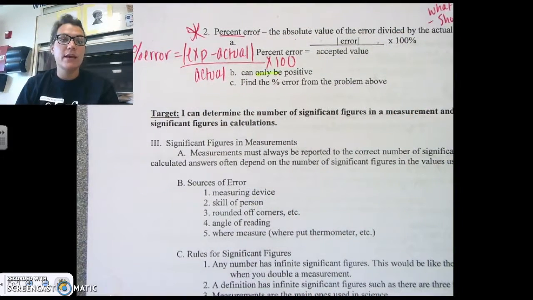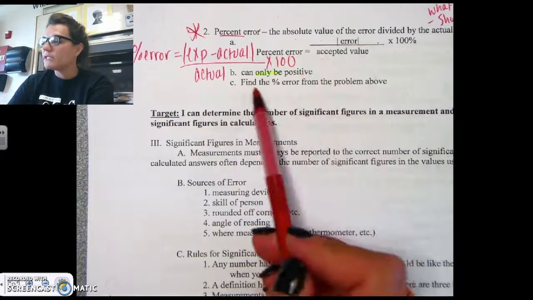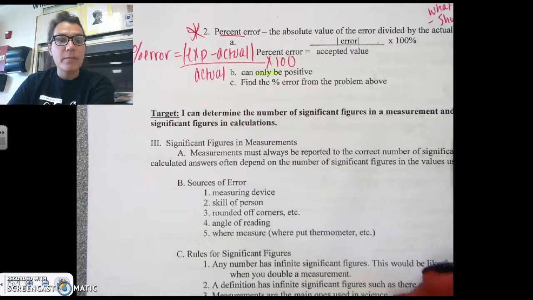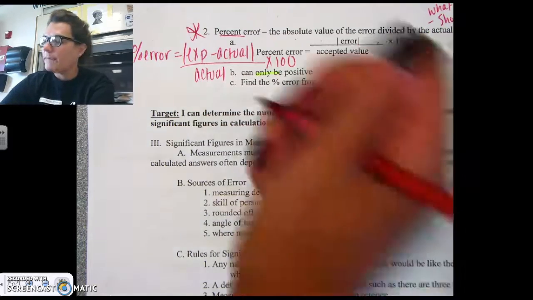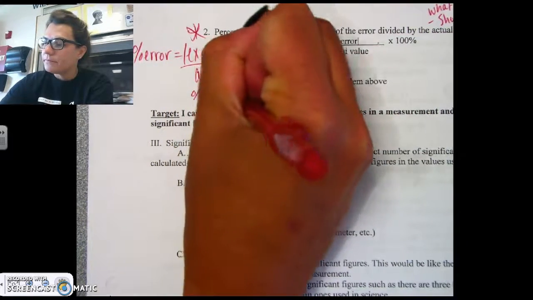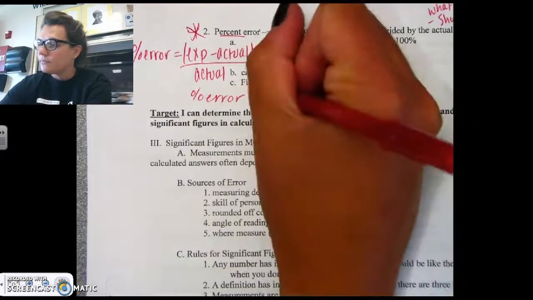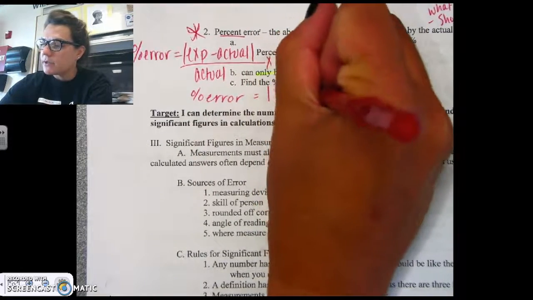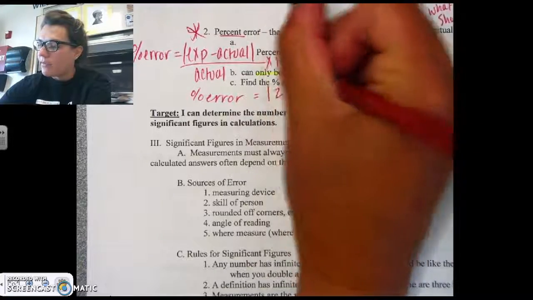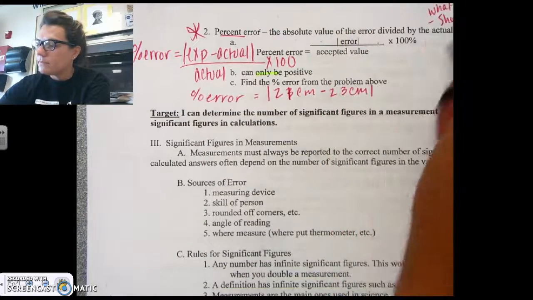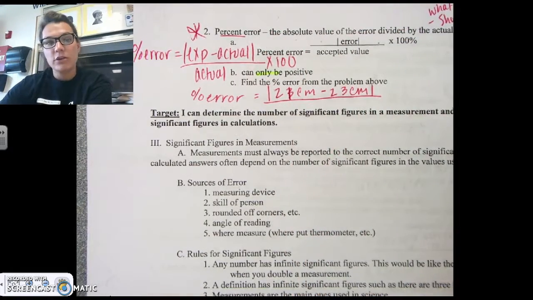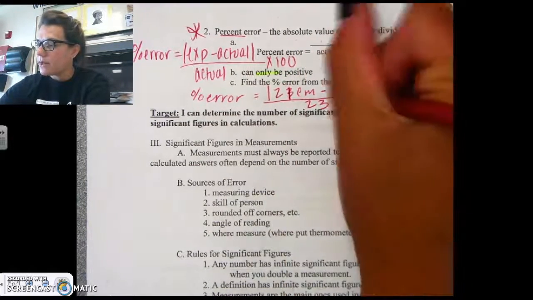Why? Because I'm taking the absolute value of the error, so I'm going to find the error from the problem above. Remember, our error from the problem above was negative 2 centimeters. So percent error is equal to, oh, I'm sorry, I have it backwards here. 21 centimeters minus 23 centimeters divided by what it should actually be, 23 centimeters.